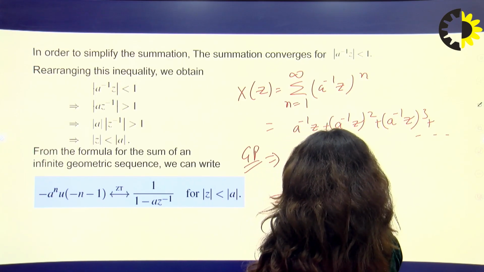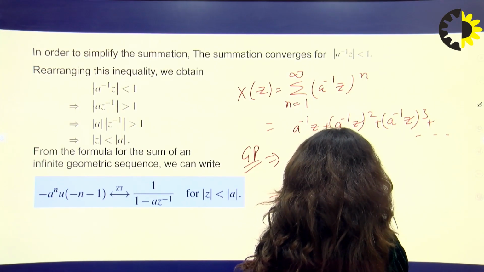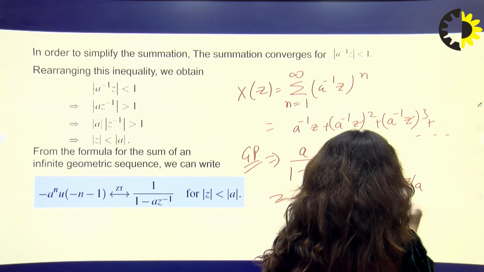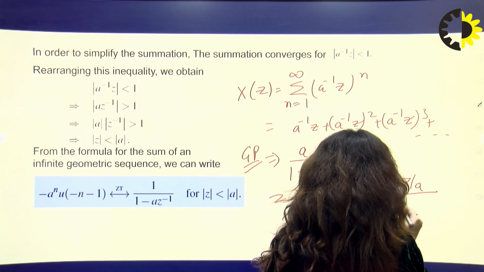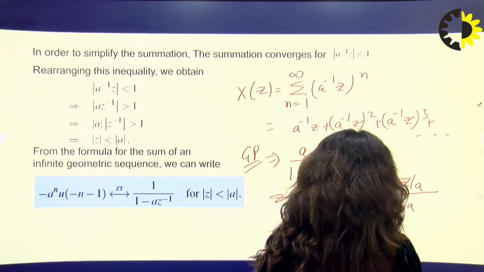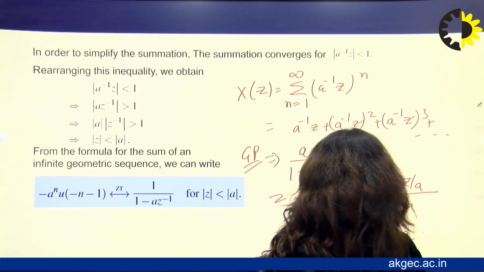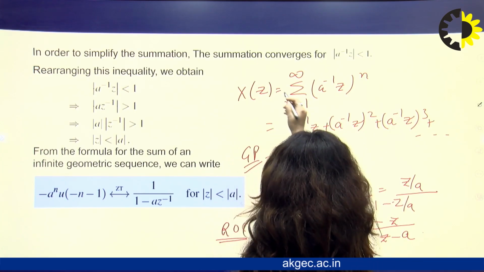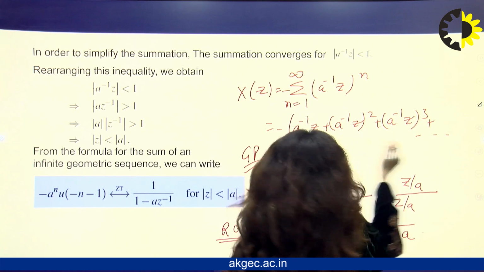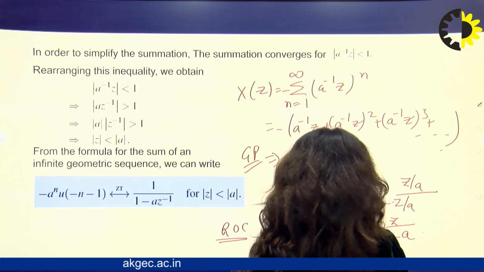So we have a inverse z upon 1 minus a inverse z, and this is z by a upon 1 minus z by a, or it will be minus z upon z minus a. So for the ROC in this case, because it has a minus sign already, we have to check with a negative sign also, and this becomes no plus.